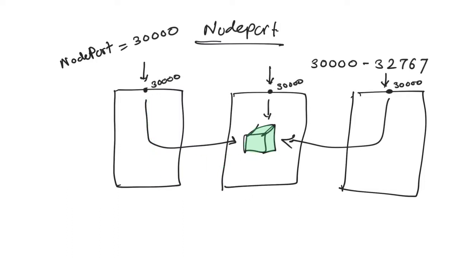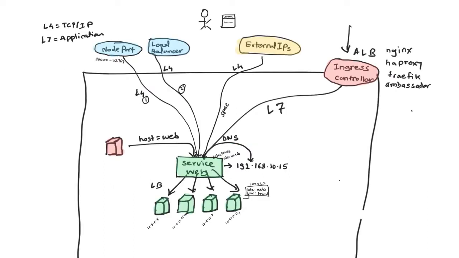The reason it has been created this way is to ensure that you don't have to worry about which node to send the traffic to. You can just pick any node, send the traffic to it, and it will get delivered. That's a guarantee. Node port works on any type of environment. It could be cloud, it could be data center, it doesn't matter, it just works fine.